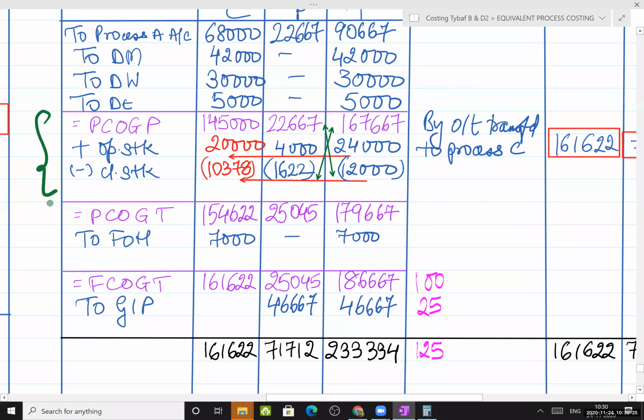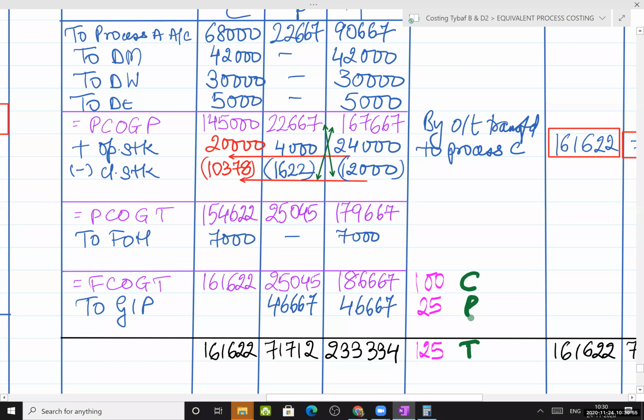Okay. Then when you add less, you will get prime cost of goods transferred. After prime cost, add indirect expense, indirect cost में factory, and then you will get factory cost of goods transferred. Okay, and the logic that I explained to you. Cost, profit, transfer.